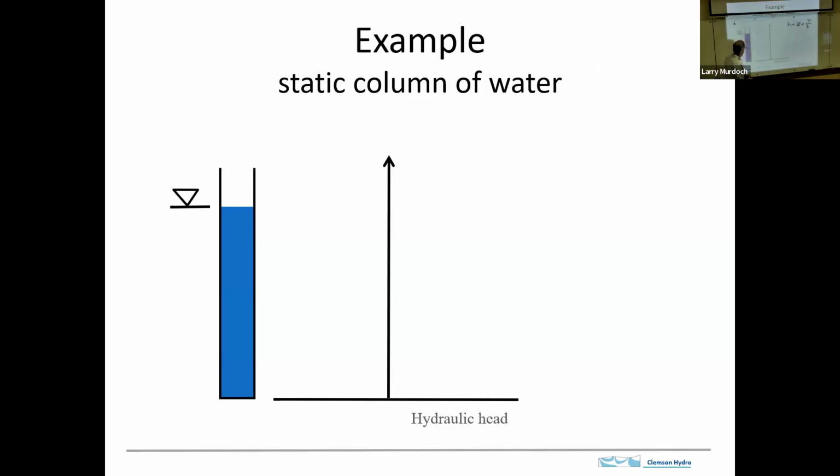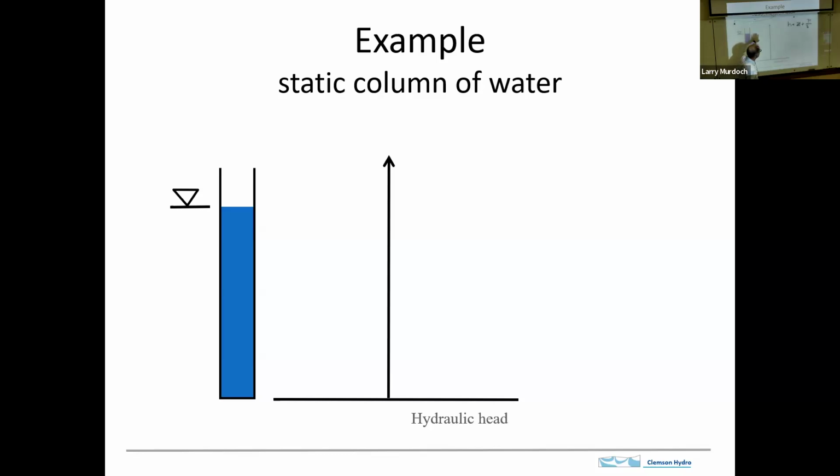So if this is a column of water, open at the top and just static, we can apply this rule: flow goes from high head to low head, high energy to low energy. Since this is static, there's no flow, so the hydraulic head must be uniform in this whole column.